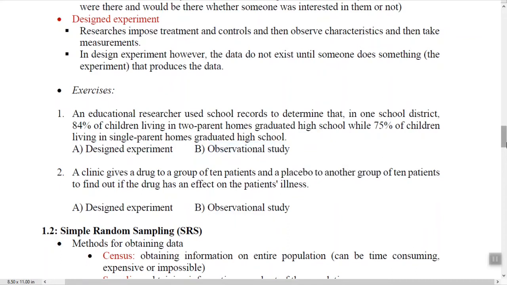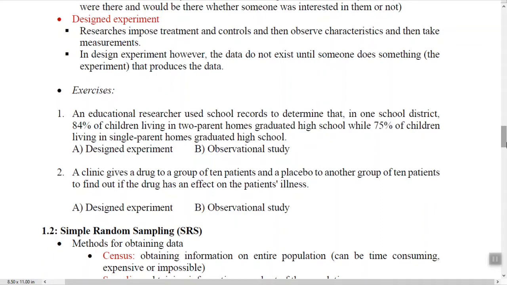Next one. A clinic gives a drug to a group of 10 patients and a placebo to another group of 10 patients to find out if the drug has an effect on the patients' illness. Okay, clinical trials almost all go under design of experiment, but in this case as well you can see they give a drug to a group of 10 patients and a placebo to another group.